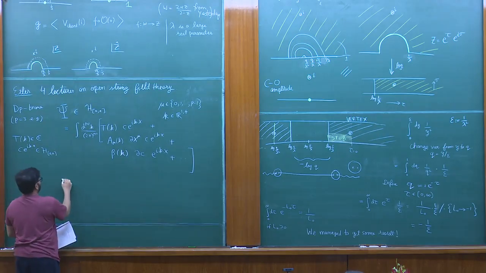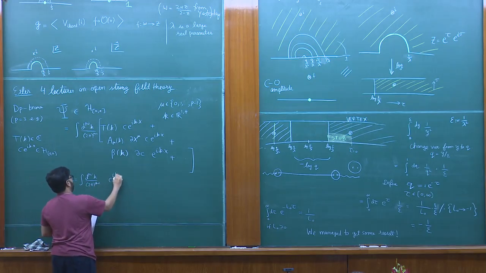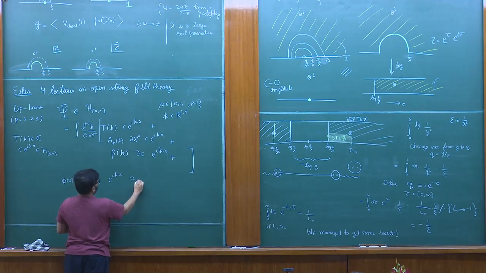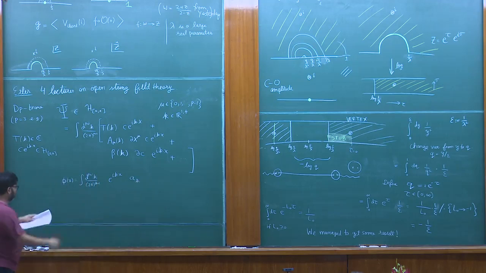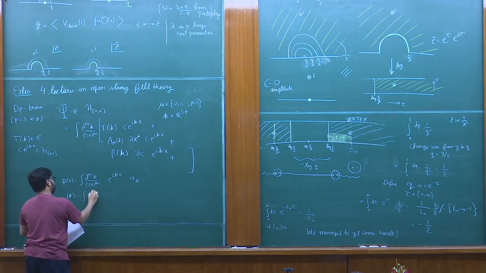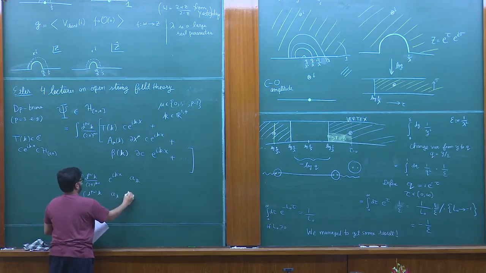So just like in a field theory, we usually write phi of x and expand it as d^(p+1)k divided by (2 pi)^(p+1) e^(ik·x) times a_k, something like that. So this thing you can write as phi equals integral d^(p+1)k a_k times |k>.